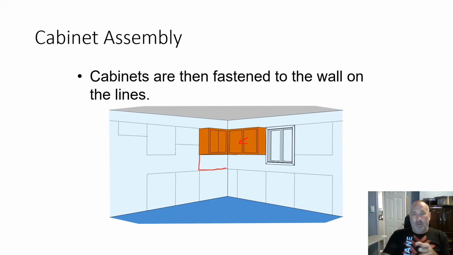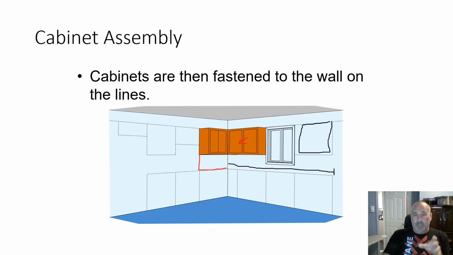Now, depending on, once again, cabinets and countertop, because this countertop is going to run all the way out to here, and we want this next cabinet to be lined up with that.